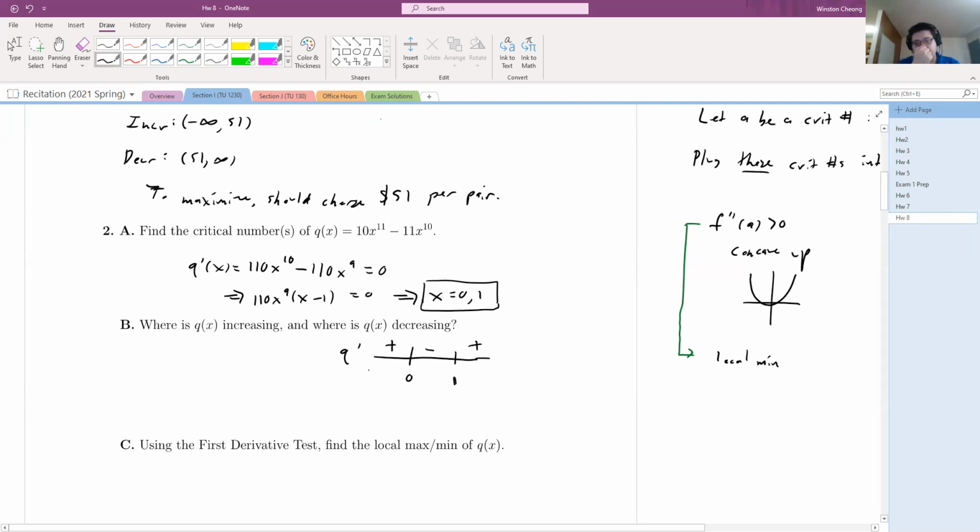When you think about it this way, the thing to concentrate on ends up being the power that you're raising the factor to. If instead of x to the 9th, this was x to the 8th or some even power, that would get rid of the change in sign. The inner term x would go from positive to negative, but raising it to an even power would get rid of that flip, which would mean the overall sign of q prime would not change.